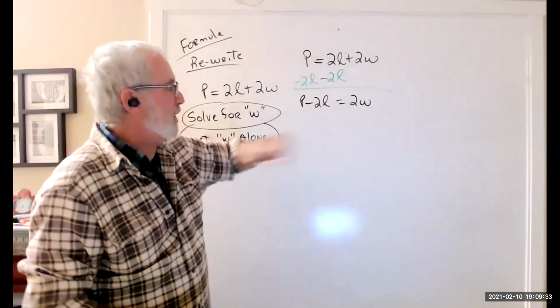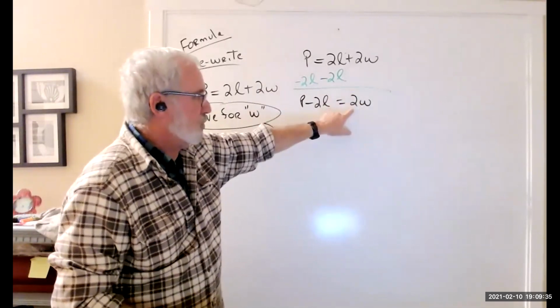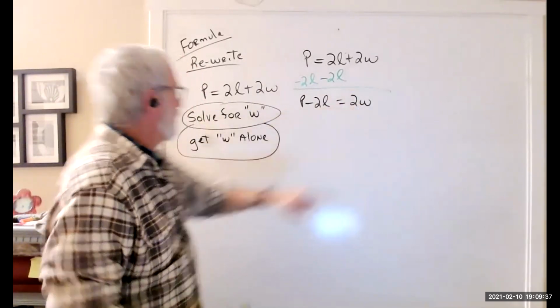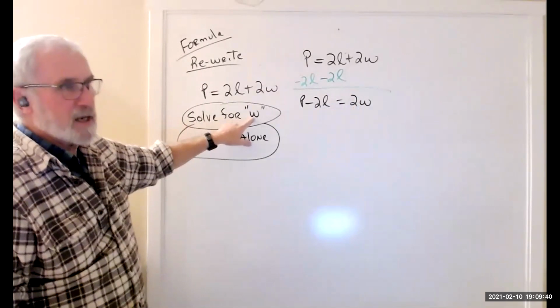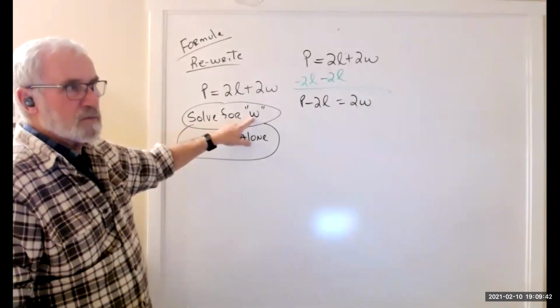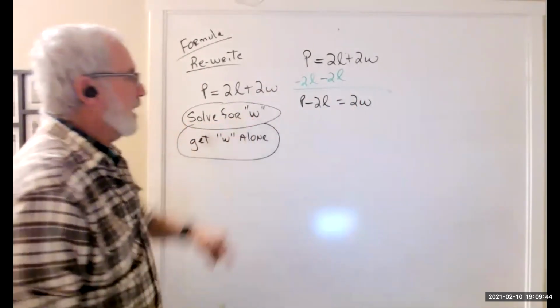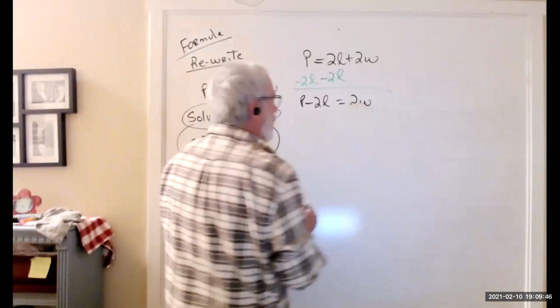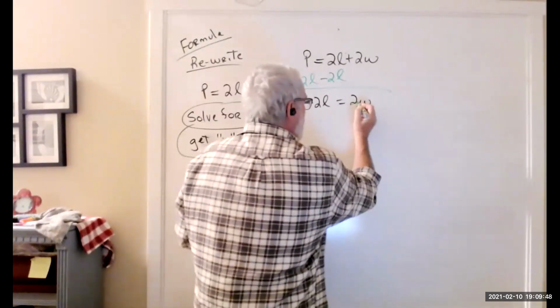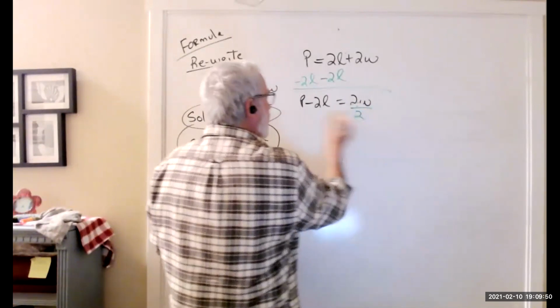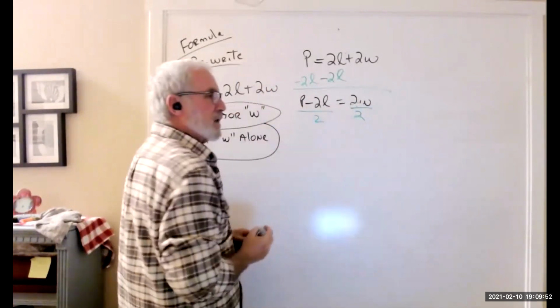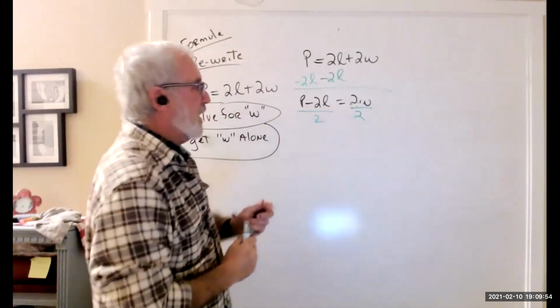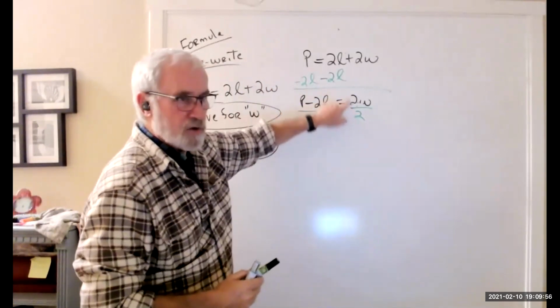Now we've got to get rid of the 2, because remember, we're going to solve for W. We're going to get W by itself. So we want to get rid of the 2. Well, the 2 is multiplying, so we know that we can divide. We know that multiplication and division cancel each other.